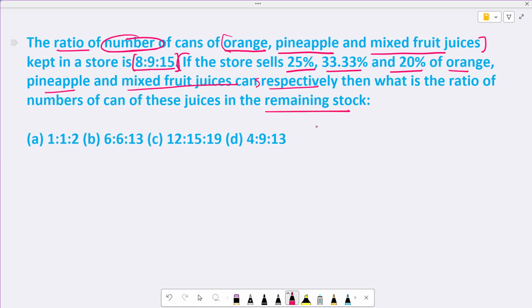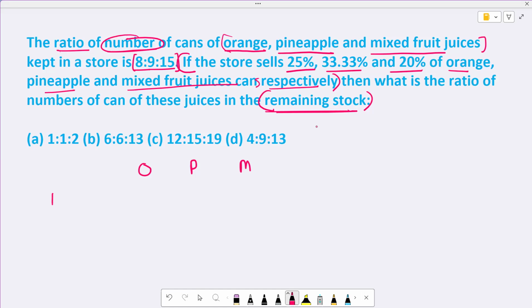That is, if these are the percentages of cans sold, then how many cans will be remaining with us? So the total number of cans given to us in ratio, we can simply write here orange, pineapple, and mixed fruit. M is for mixed fruit juice.